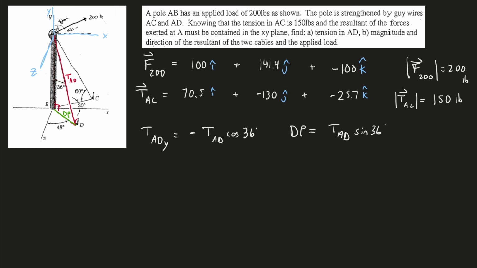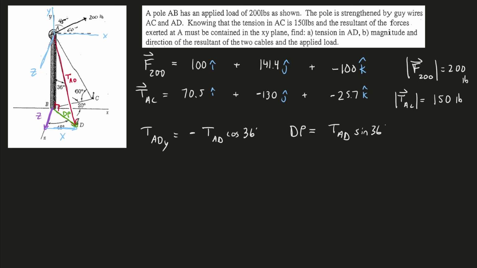So we'll now focus on the bottom triangle, in which the double projection is the hypotenuse. So here is the adjacent of this right triangle, and that will be the z component, and it will be positive. And this right here will be the opposite, which will be the x component.